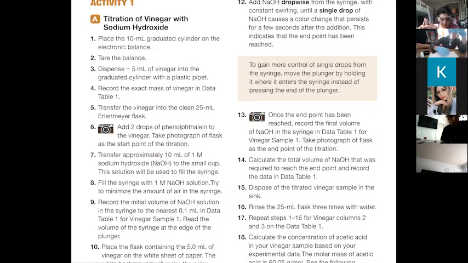It's pretty easy to see the pink color appear, but what you're going to be looking for at the titration point is for it to be just barely pink. If it's super pink, you've gone too far.